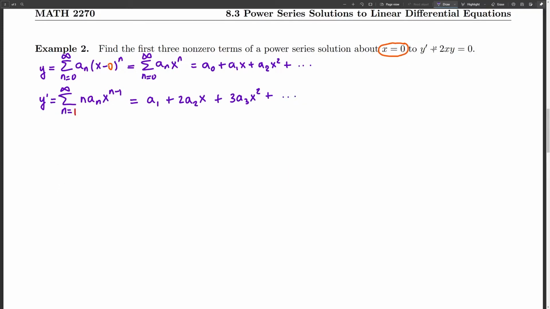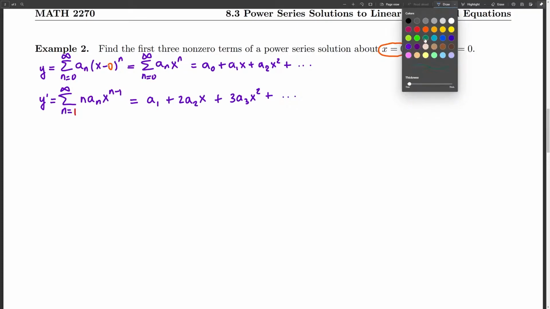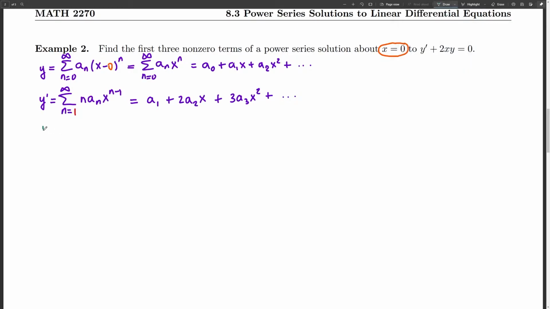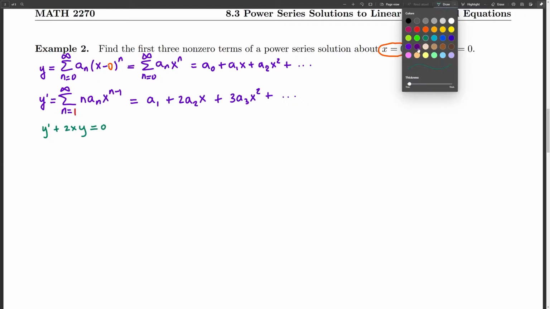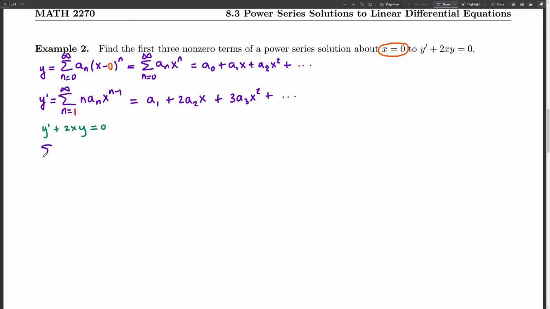So let's plug that into our differential equation. So our differential equation is y prime plus 2xy equals 0. And so when we plug in y prime, we get the sum from n equals 1 to infinity of n times a sub n x to the power n minus 1.